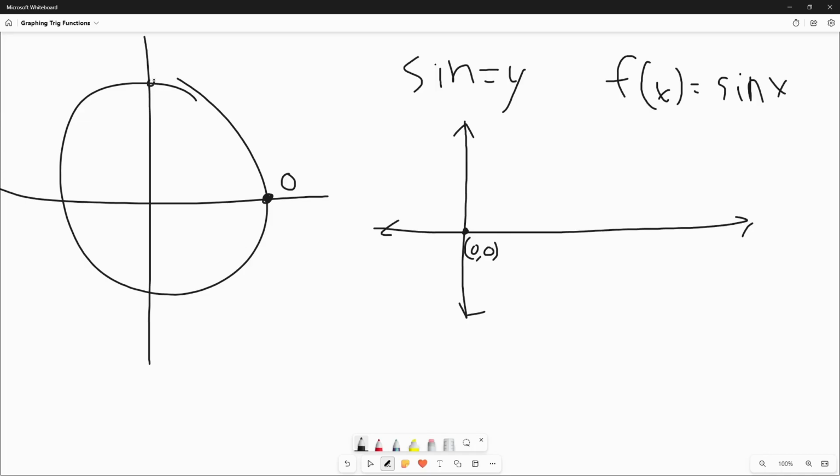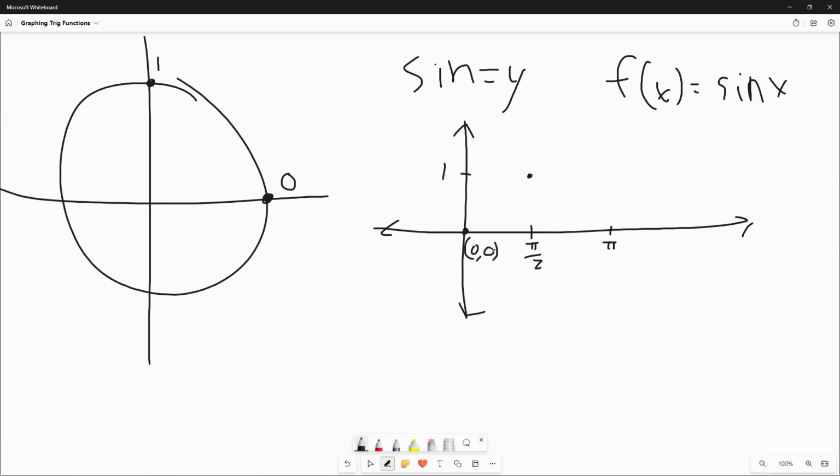And if we're at this point where the angle is pi over 2 radians, then the y value is 1, which means that if you plug in pi over 2 into this function, you get 1. So let's draw that. Pi over 2, 1. These are 2 points. And you can keep testing values.